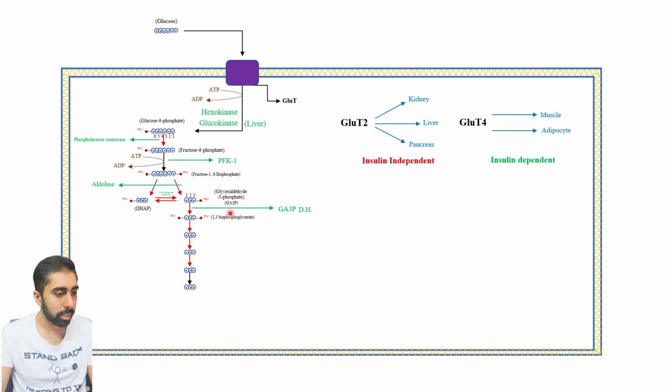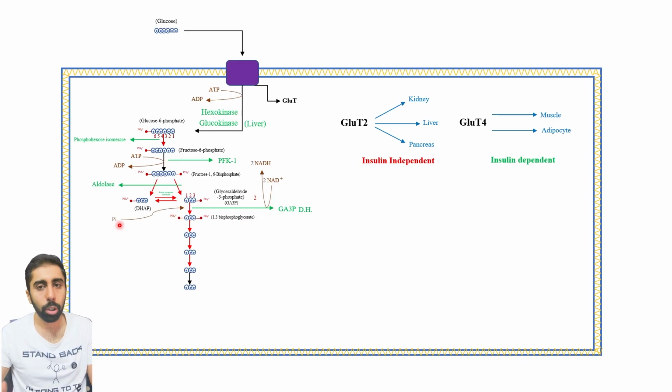In these particular steps, we are using NAD positive to rip off electrons from this molecule, and this NAD positive turns into NADH. And another phosphate adds to this molecule. But this phosphate group is not coming from ATP.